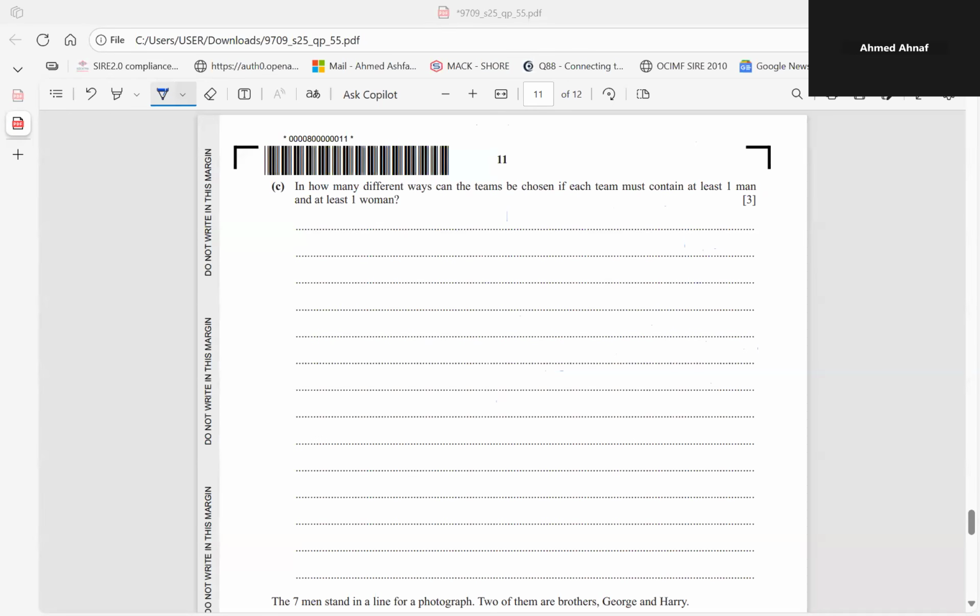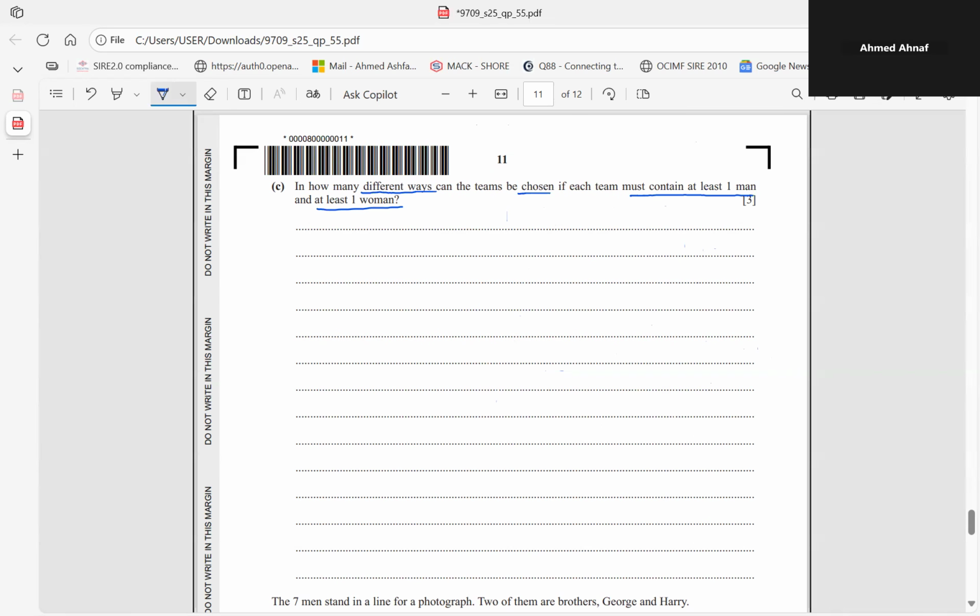Okay, so for this part, we're supposed to find in how many different ways can the teams be chosen if each team must contain at least 1 man and at least 1 woman. In order to do this question, let's first consider the combinations which don't meet this criteria.